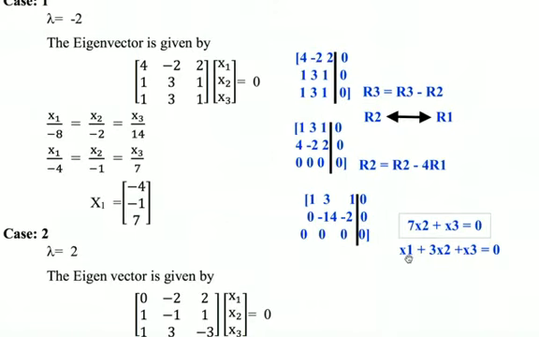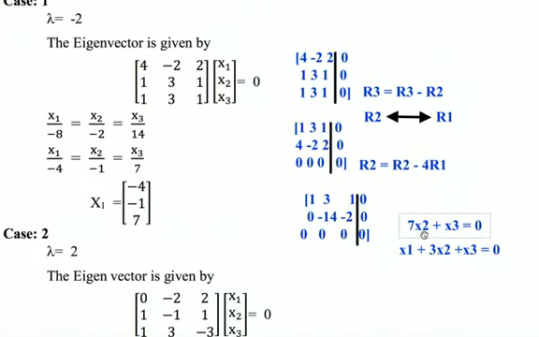I am reminding you again, you need not force x2 to be minus 1. That is one eigenvector, but there are many more vectors possible. Even if you negate it, it will still be an eigenvector for the corresponding eigenvalue. You can take x2 to be 7 also, there is no problem.